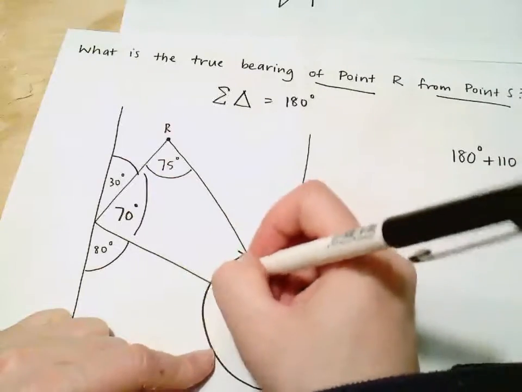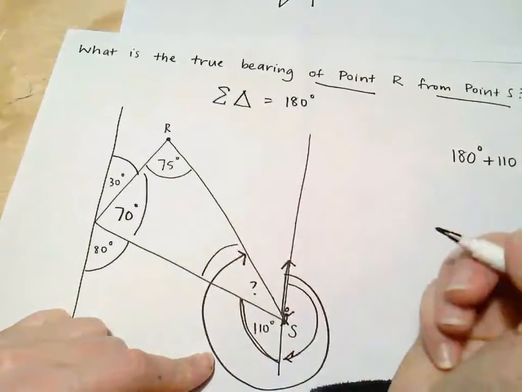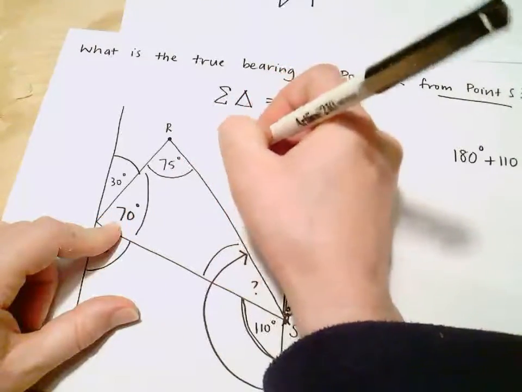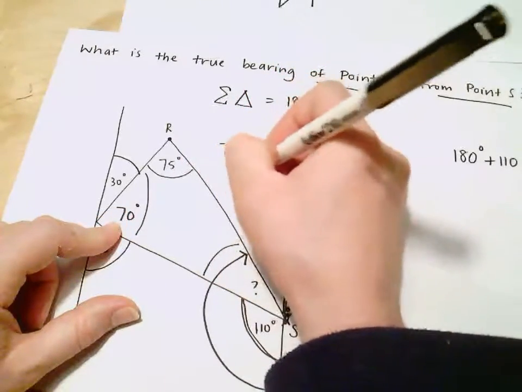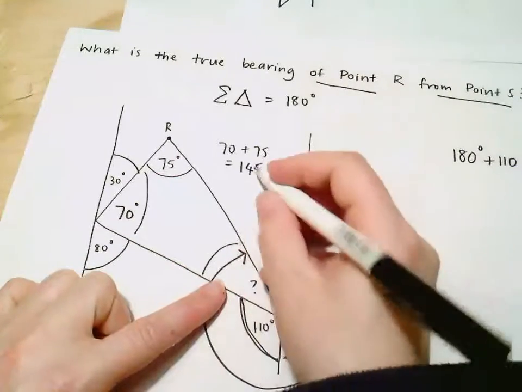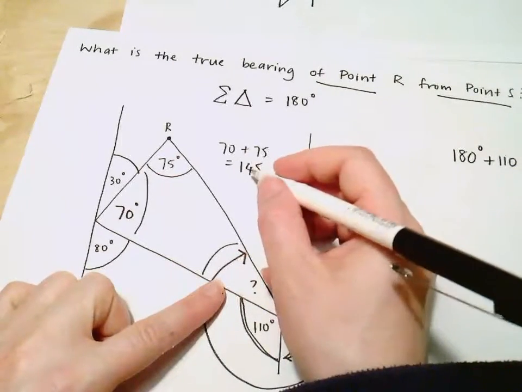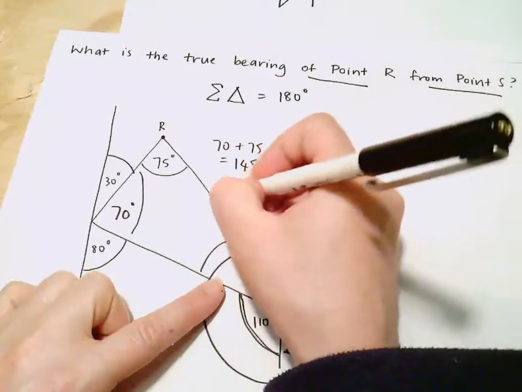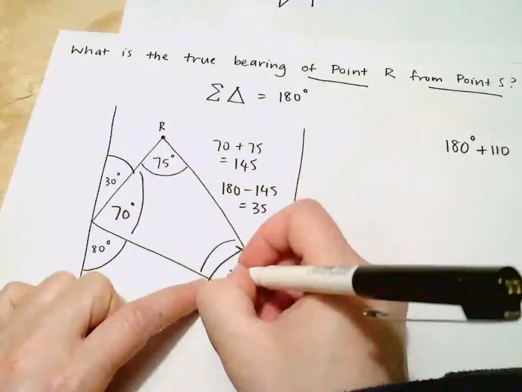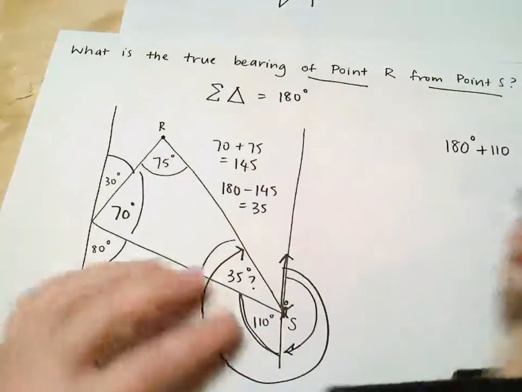Now I can work out what this bit needs to be in order for this triangle to add up to 180. So if I know that these two, 70 and 75, they add up to 145, and I need this to add on to 145 and give me 180, so I can do 180 take 145, I know that this angle here must be 35 degrees.